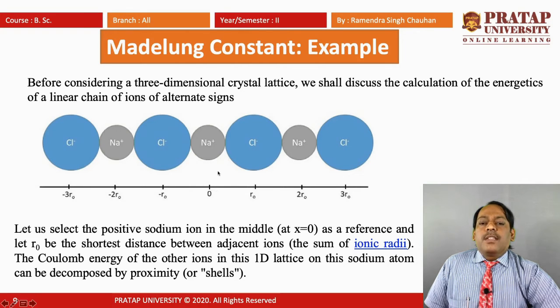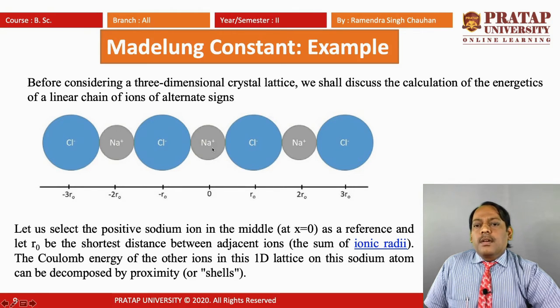So from there we can say that potential will be equal to K Q1 Q2 upon R, where Q1 is Na plus, that is E, and Q2 is minus E. So for this chlorine, that is minus K E square upon R naught, and similarly for this chlorine, that is minus K E square upon R naught.